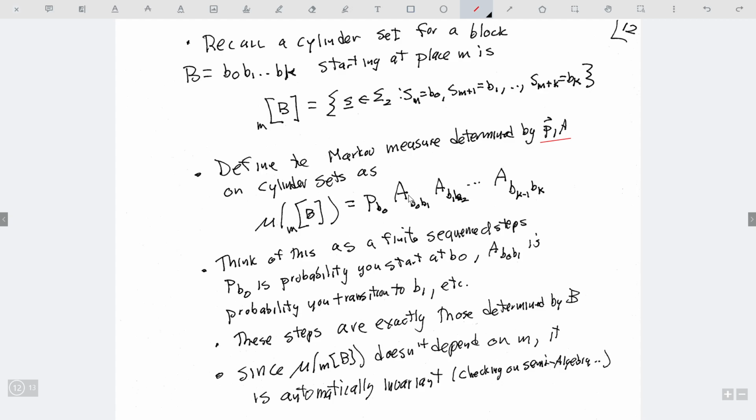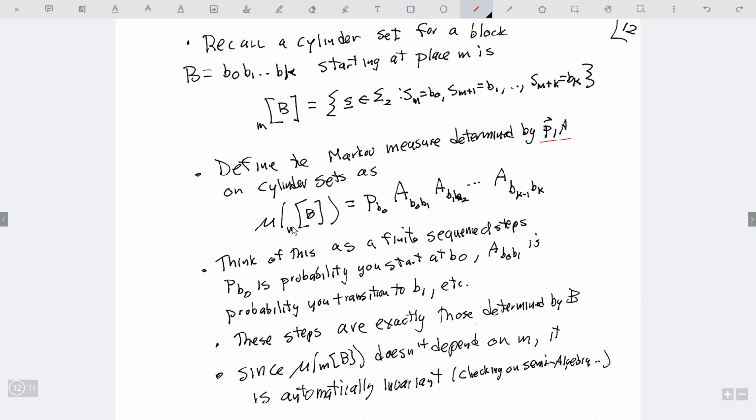Now this tells you the probability of transitioning from the first state to the second state, or I should be saying more properly, the 0th state. And here is the 0th to the first state. And then you see the probability of transitioning between the 1 and the second state. But remember, the sequence of states is determined by this block, and so on down to the end of the block. So these steps are determined by b.